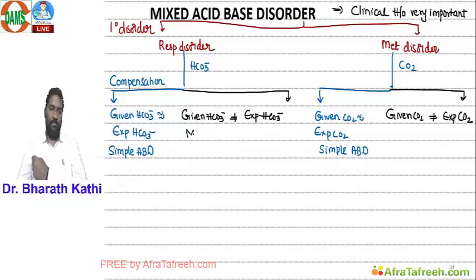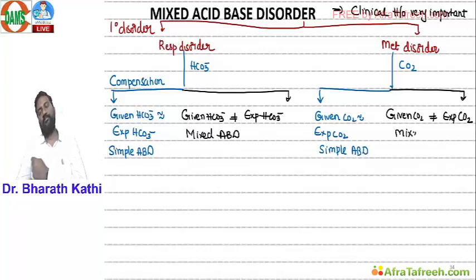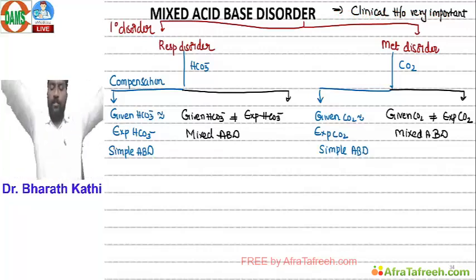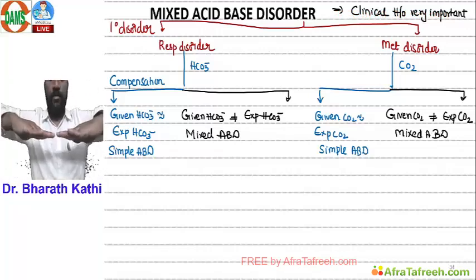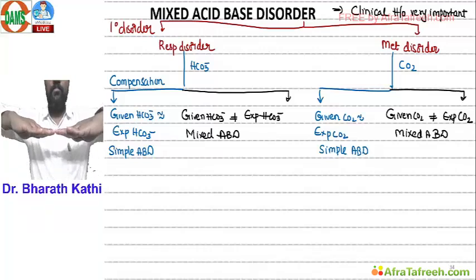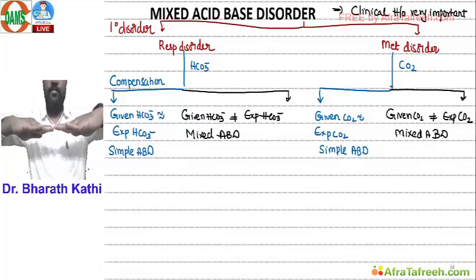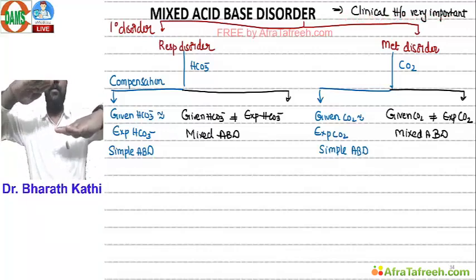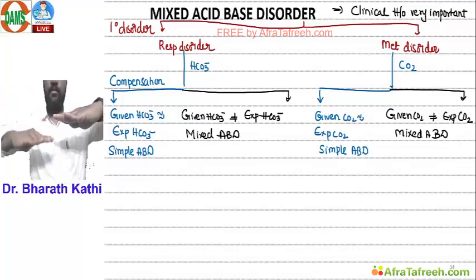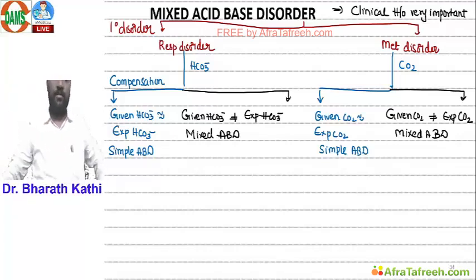A mixed acid-base disorder. See here, students, I'll explain. If given and expected are correlating, it is a simple acid-base disorder. If they are not correlating, it is mixed. So there can be two mathematical possibilities: given more than expected or given less than expected.